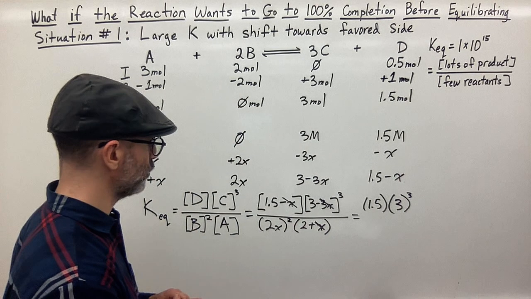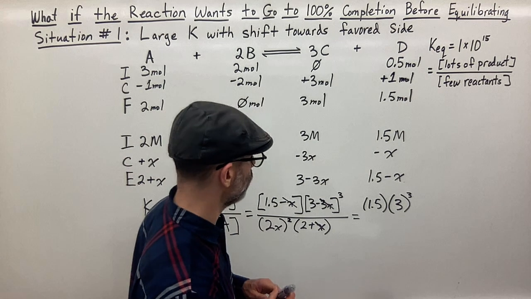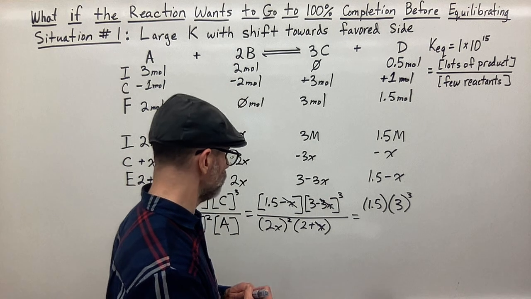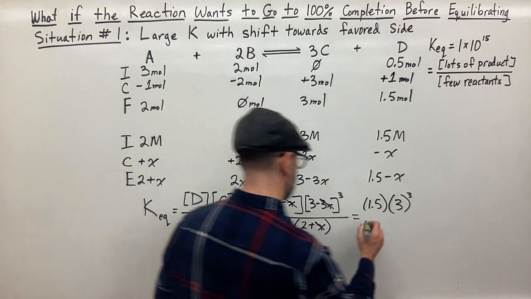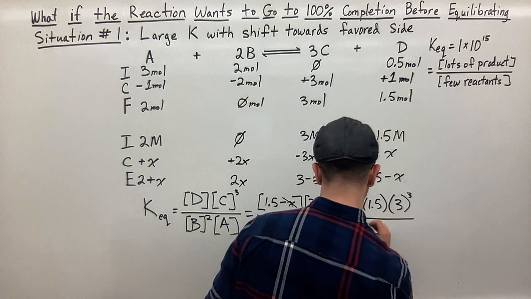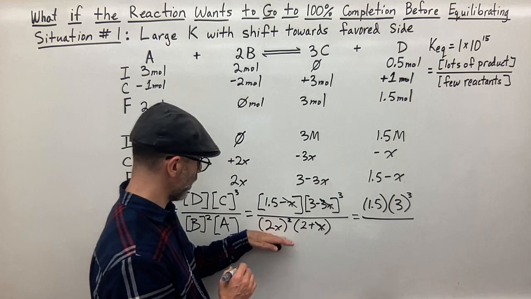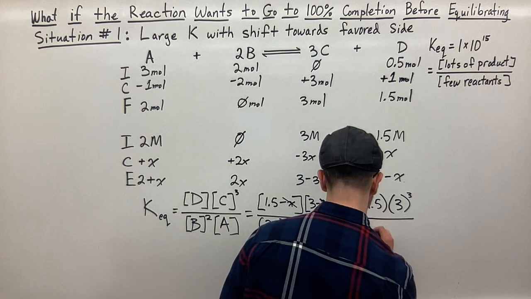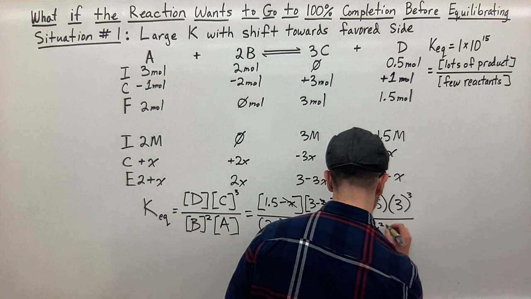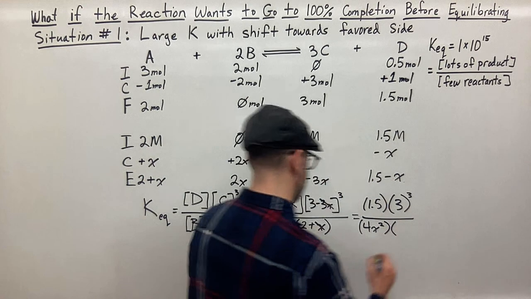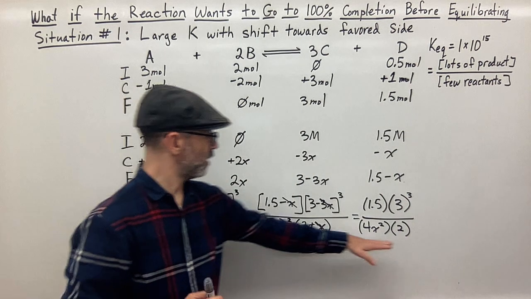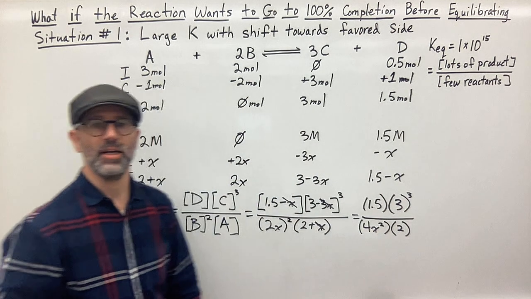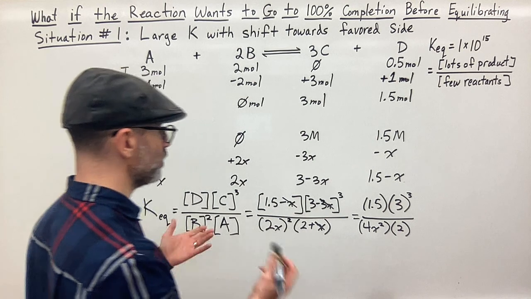I believe that's 108 if I remember correctly, but we'll calculate it out later. And then this is going to end up being 2x squared is 4x squared. So that's going to be 4x squared multiplied by 2. Okay, so very simplified. So now you could solve for x.